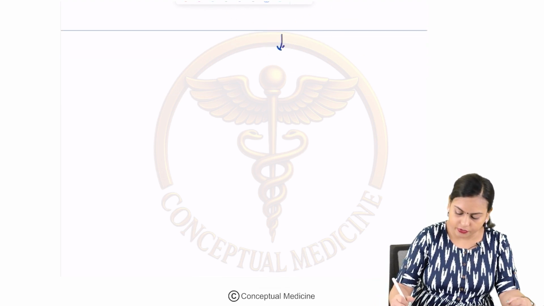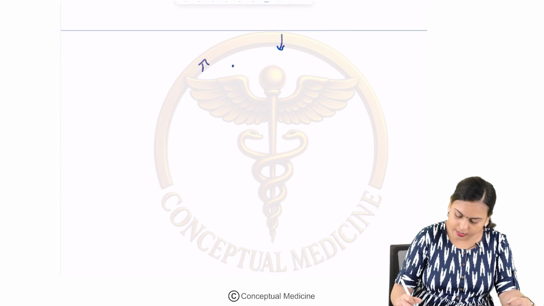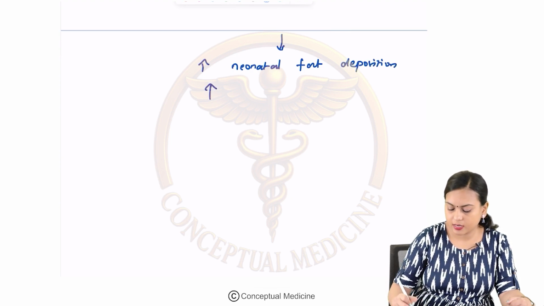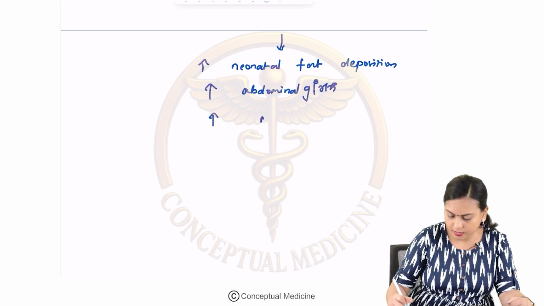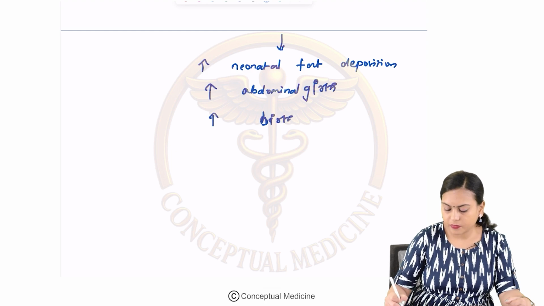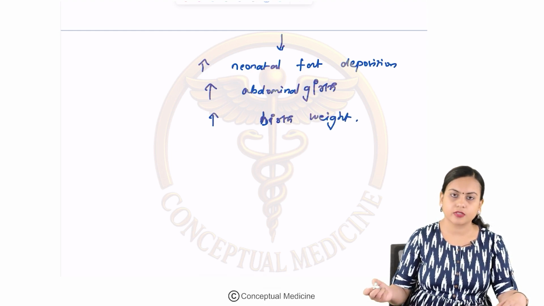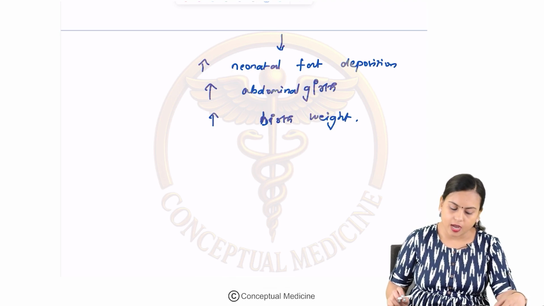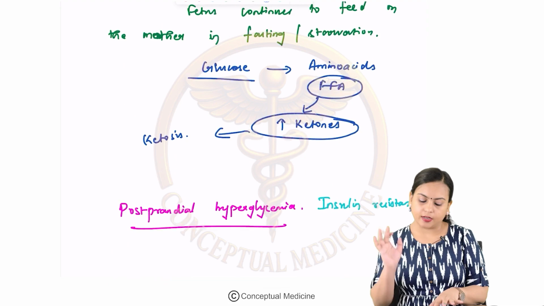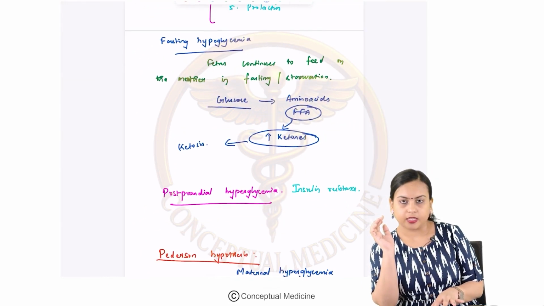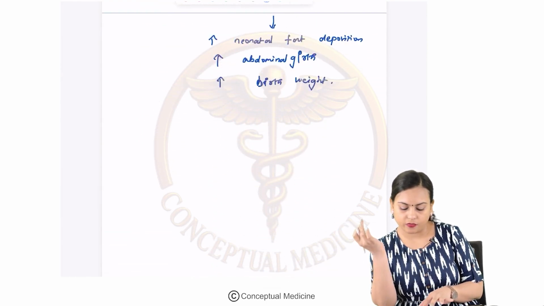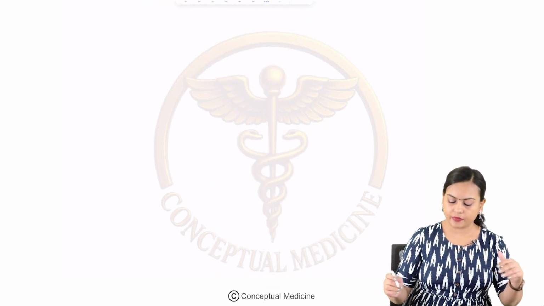That will be leading to increased neonatal fat deposition, then increased abdominal girth, and also increased birth weight of the baby. Clear? So this is the Peterson hypothesis. I hope now you would have understood what is happening actually in the mother and how it is going to affect the baby. So now with this understanding, we'll move on into the actual topic.